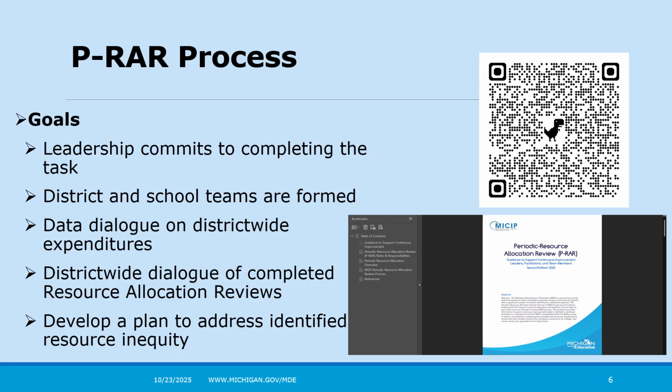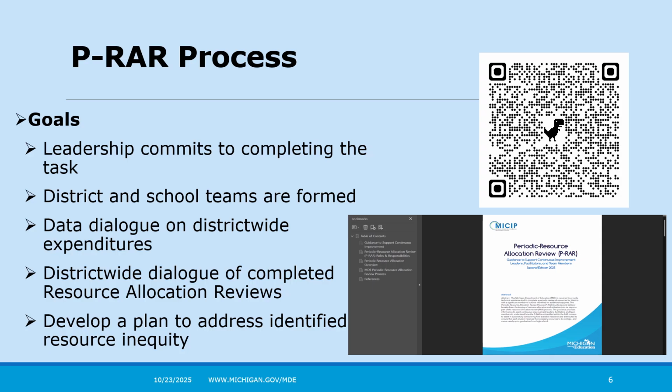This process is a structured approach to inquiring about a potential resource inequity within the district. It begins with a foundational commitment from leadership, followed by the formation of dedicated district and school level teams to drive the process. A key step involves engaging in a comprehensive data dialogue about the district-wide expenditures. This is further deepened by a district-wide dialogue on resource allocation reviews completed by each school identified for additional support.